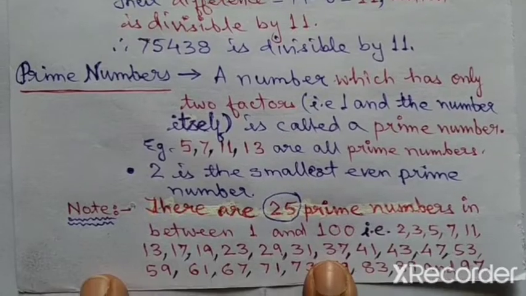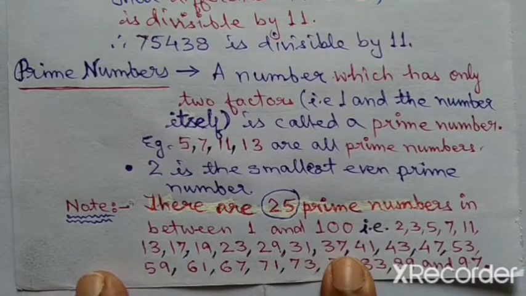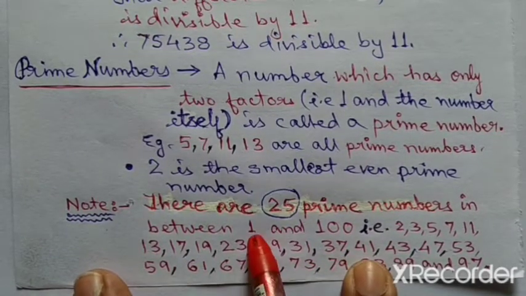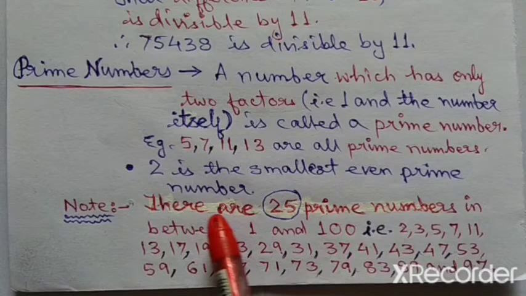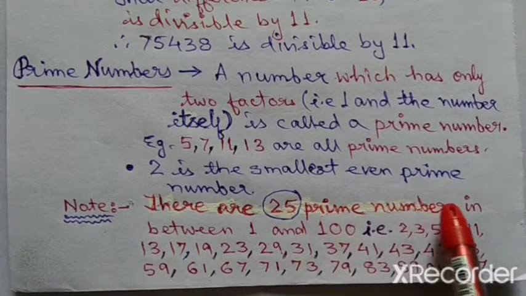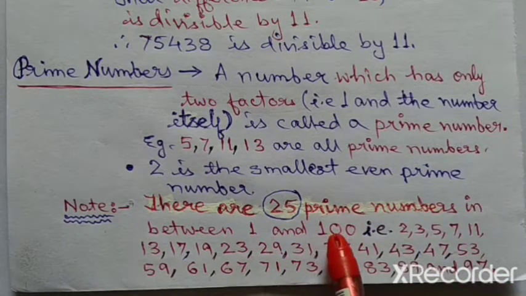Now children, here is the list of prime numbers between 1 and 100. How many prime numbers are there between 1 and 100? There are 25 prime numbers between 1 and 100.